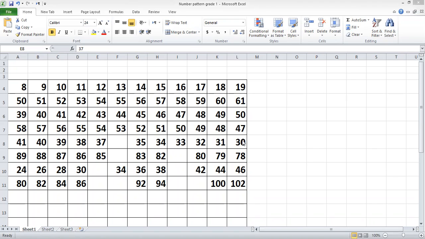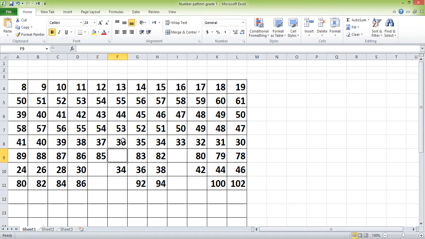Hassan Asad. After 37, in this box, 36. How do you know? Because in the pattern, are we adding or subtracting?